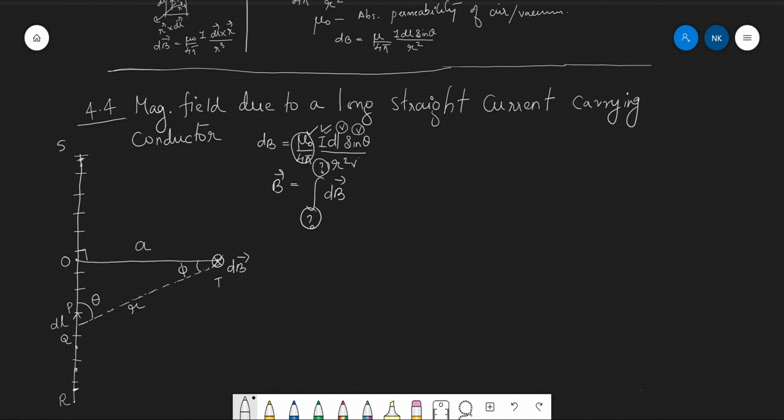I prefer the variable to be phi. For that, I need to change this dl term in terms of phi, I need to change this theta in terms of phi, and I need to change this r term in terms of phi. And then later on, this limit is going to be, let me mention it over here.